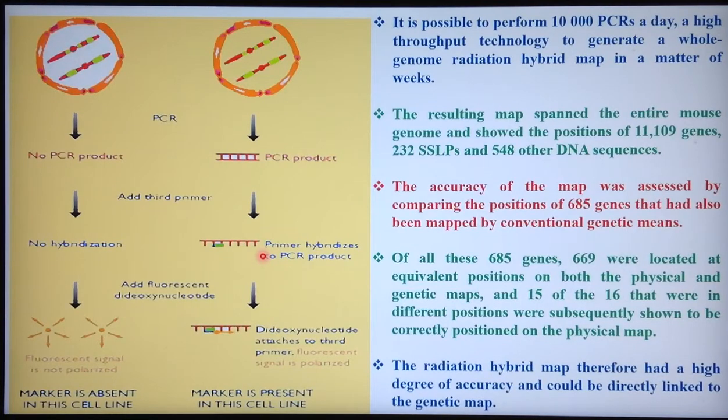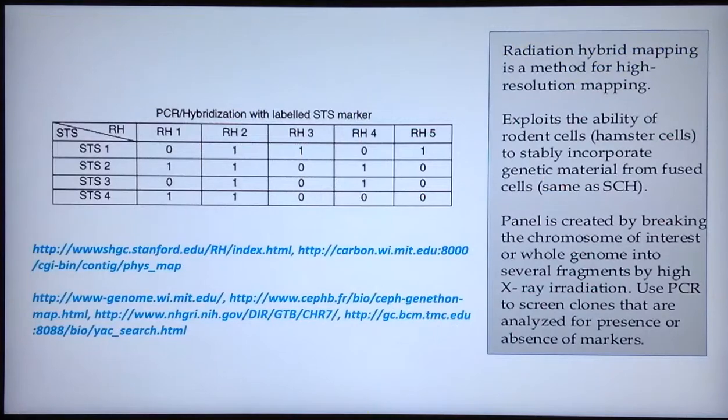Again, taking the assumption that if they are located close to each other, they will be retained on the same hybrid cell. We also saw in the previous example that if they are very close to each other, there is a high possibility that they will be retained on the same radiation hybrid, and if they are further apart, they will be retained on different hybrids.